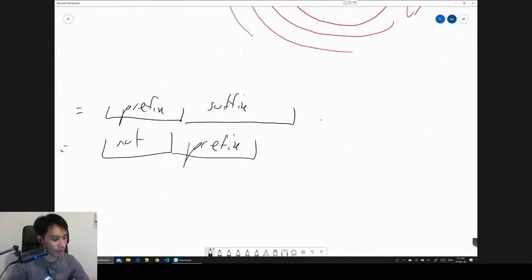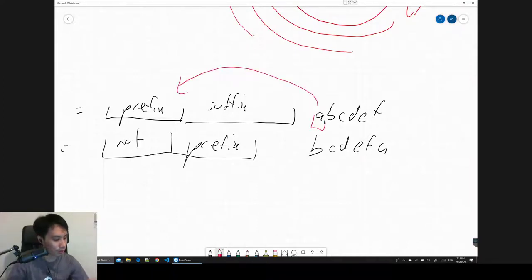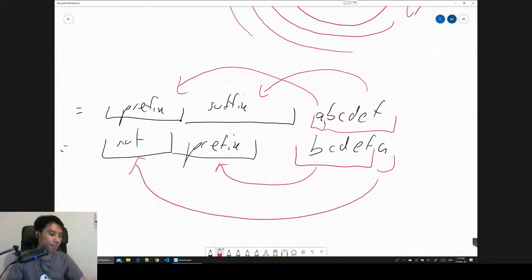So if alpha is A, B, C, D, E, F, and beta is the circular B, C, D, E, F, A, you can see here is the prefix and here is the suffix.